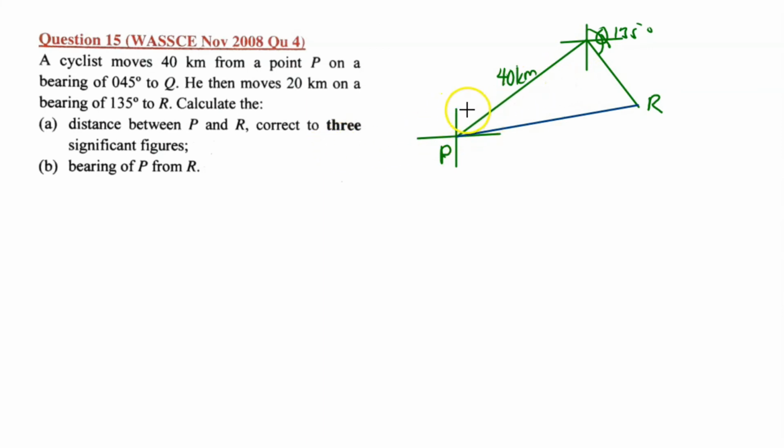From the previous information, we have 45 degrees as the bearing here. I forgot to bring it, let me bring it back. So I had here 45 degrees. This 45 degrees will alternate with part of the angle between the west pole and the south pole at Q, so here is also going to be 45 degrees.